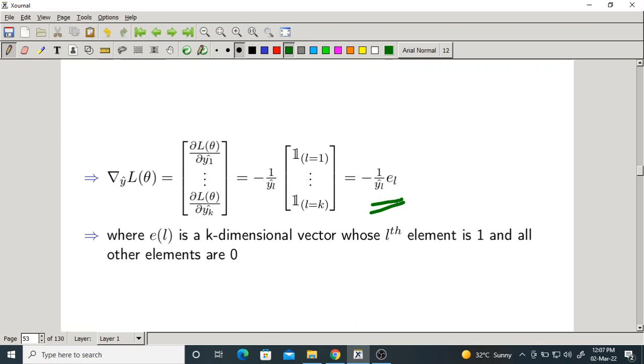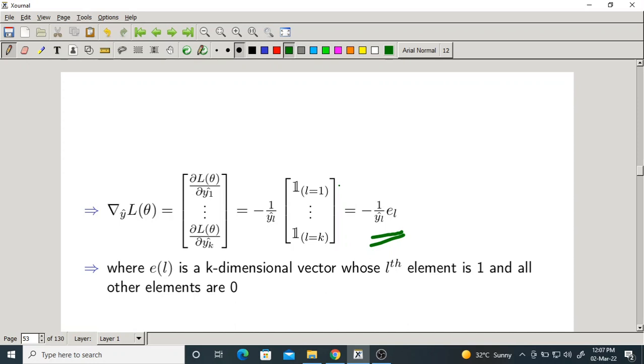Now what is el? One more thing: since l is the true class label, only one of them is 1, remaining are 0. Suppose you take k classes. If you want to find the true class, obviously only one of them is 1, remaining are 0. Are you agreed with me or not?